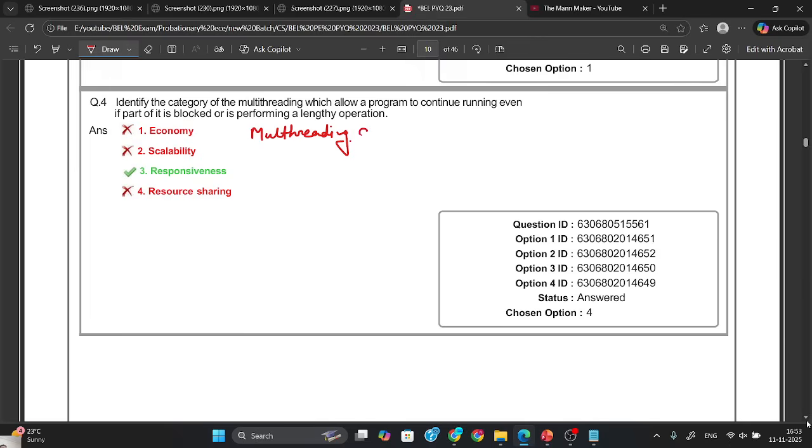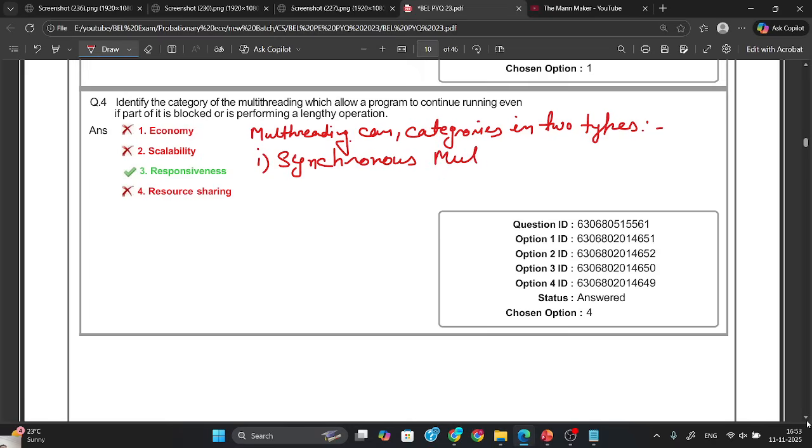First one is synchronous multi-threading, and another one is asynchronous multi-threading.